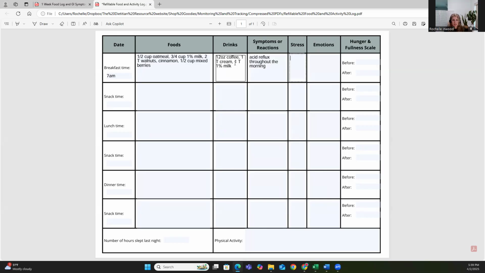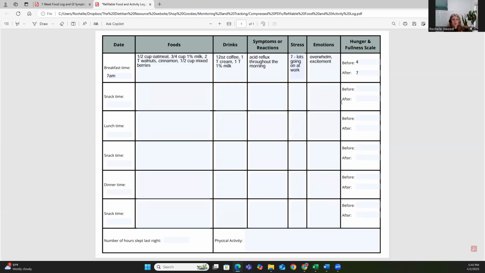And then let's say that stress level was a 7, lots going on at work today. And then the emotions: overwhelm, excitement today. And then my hunger before the meal, I'm going to say for this one, maybe it was a 4. And then after the meal, maybe it was a 7.